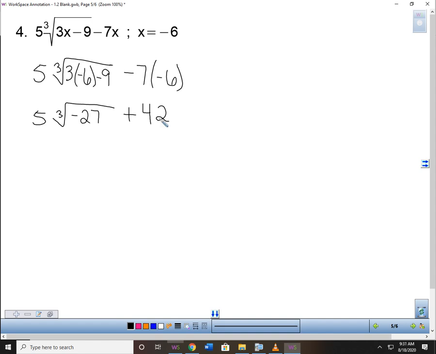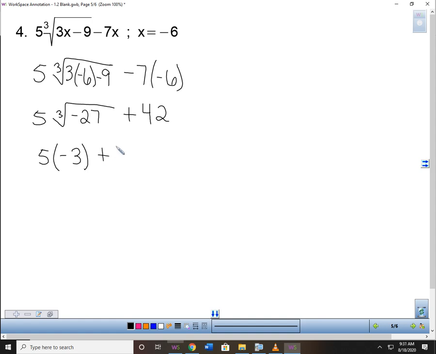thank you. All right, so let's focus on our cube root right here. We found what the cubed root of -27 was earlier, correct? What is it? -3, correct? Because of this negative right here.